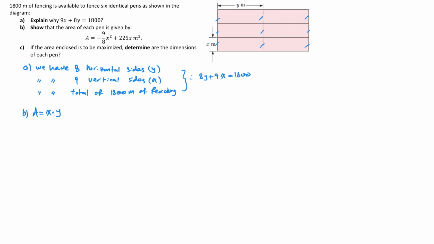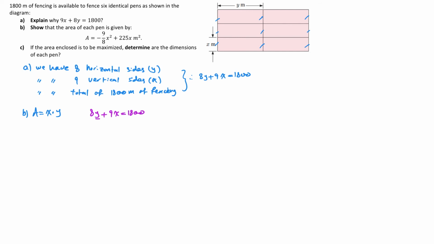And how can we do that? Oh, the very first part guided us and helped us. It was a hint to how we can get there. So we know, and I'm going to write that in purple, we know that 8y plus 9x is equal to 1800.